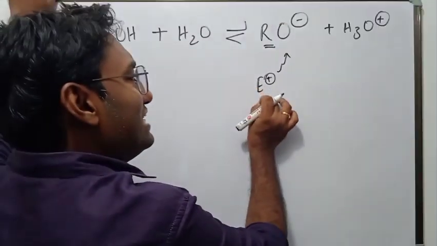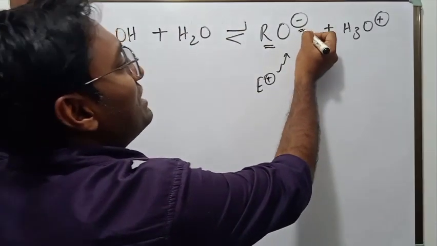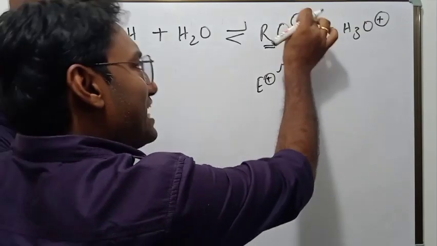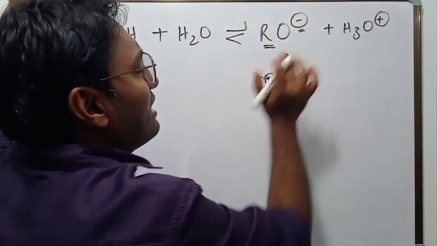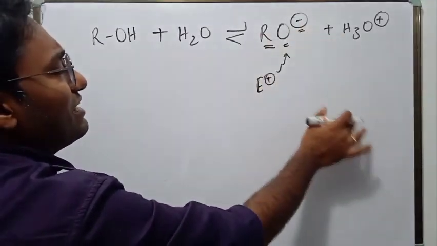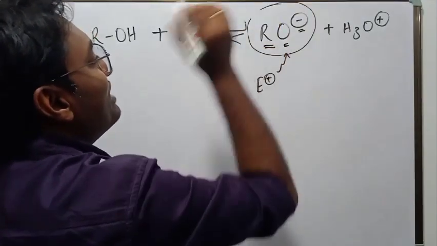Very easily an electrophile can come and attack. Why? Because the pair of electrons is localized. It is static. It is not in motion. So any electrophile can come and attack it. That makes the alkoxide ion very reactive, and very reactive means the alkoxide ion is very unstable.